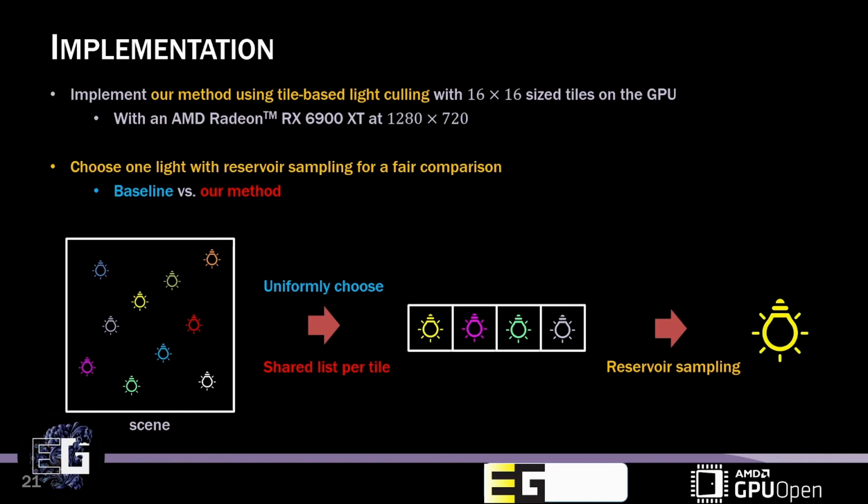And then, one light is selected from the candidates using reservoir sampling. On the other hand, for our method, we choose one light for shading from the shared light list per tile using reservoir sampling. Of course, we didn't use any acceleration structure for lights, both for baseline and our method.